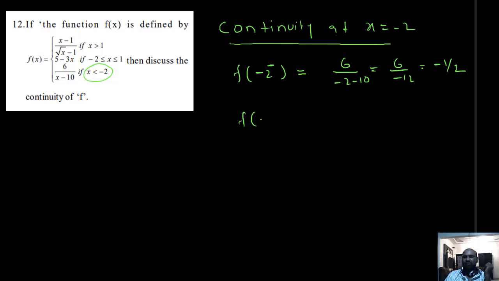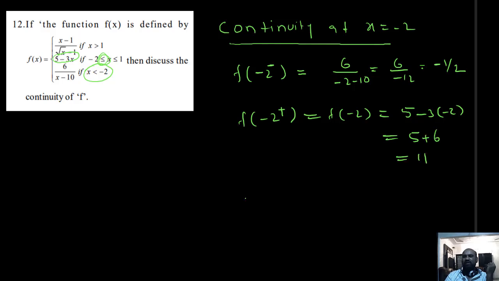Next, f of minus 2 plus I want. F of minus 2 plus and equality also, same rule. F of minus 2 also with the same rule. In this rule, put x equal to minus 2. If you get a finite value, that finite value is the limiting value. 5 minus 3 into minus 2, that is equal to 5, 3 2s are 6, that is equal to 11.